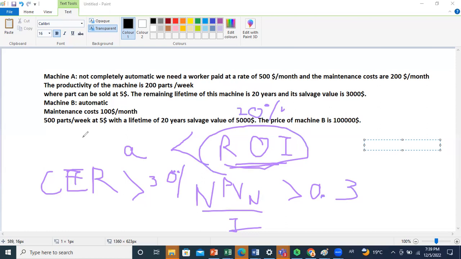So if you use 5% or 10%, which is a conventional value, you expect a large value of NPVN, and you will probably be close to the CER that you need, or higher than 0.3. So you can investigate this. Depending on the value of A, you can replace in the calculation to get the percentage of enhancement, but you will be sure that you will gain.